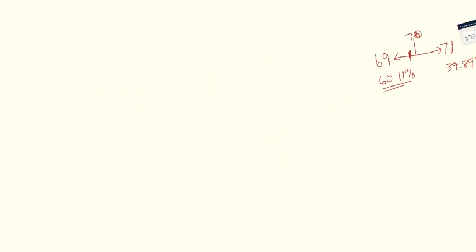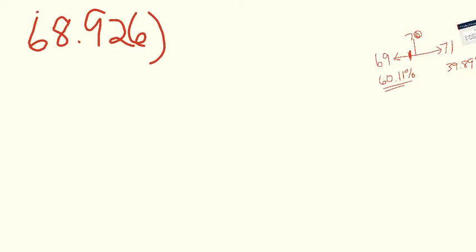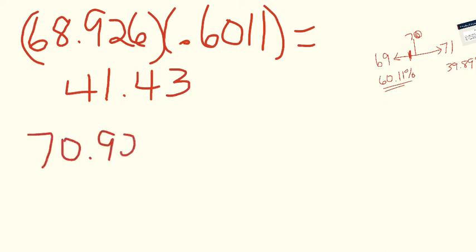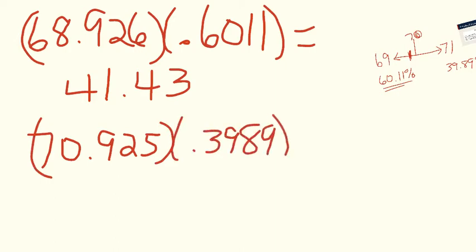So let's do the math together. We have the first isotopic mass multiplied by the fractional abundance, and that product is 41.43. The second isotope multiplied by its fractional abundance, and that product is there.